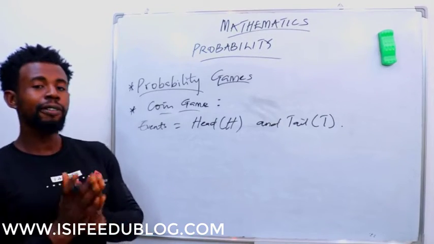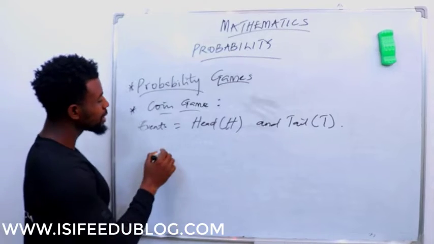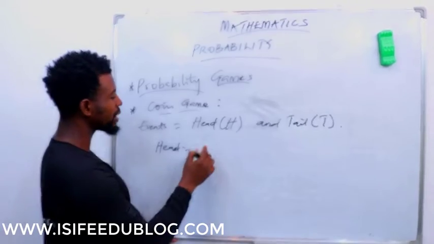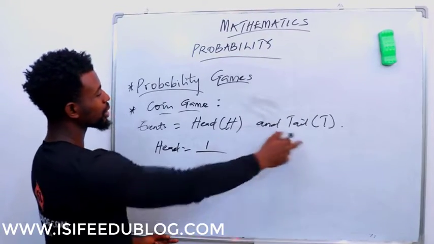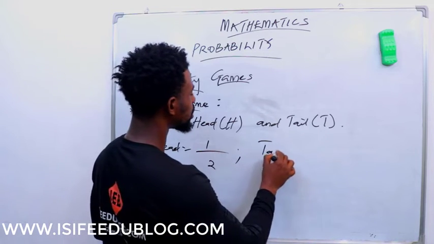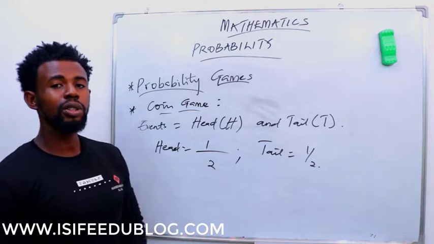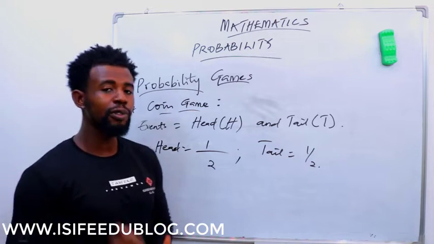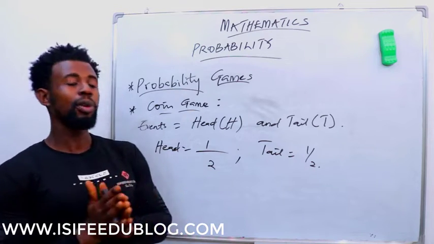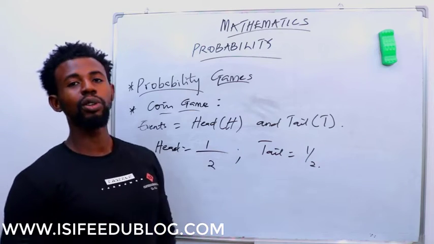So for a single toss of a coin, the probability of picking a head is equal to, now we have just 1 head in a coin, and our total number of sample spaces is 2, and the probability of picking a tail is also 1/2. So for a single toss of a coin, the probability of picking a head is 1/2, and the probability of picking a tail is also 1/2.